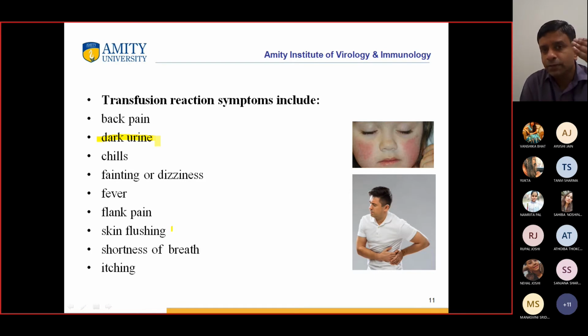So in that case you can just keep a watch on the urine color, right? If this transfusion reaction has taken place, that person will start producing dark urine, and I will discuss the reason for that. Okay, there can be chills, fainting, dizziness, fever, flank pain.